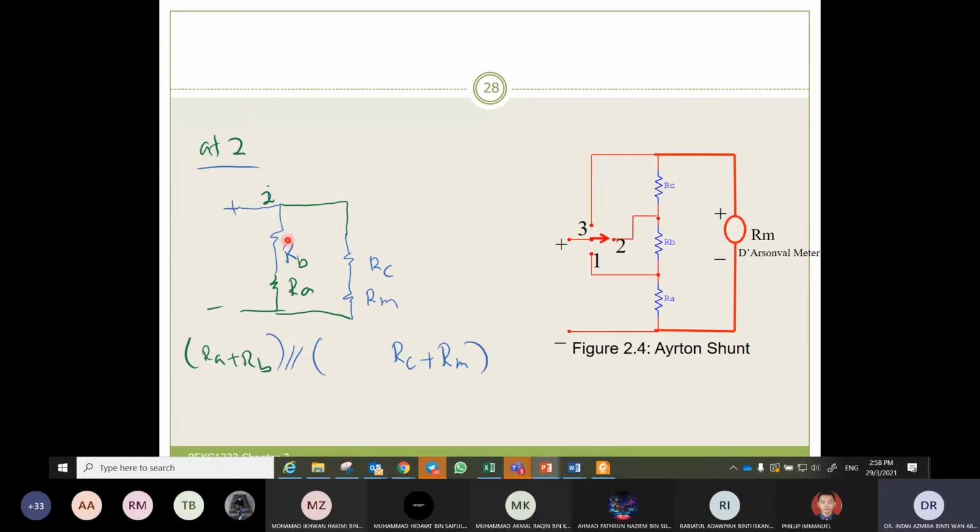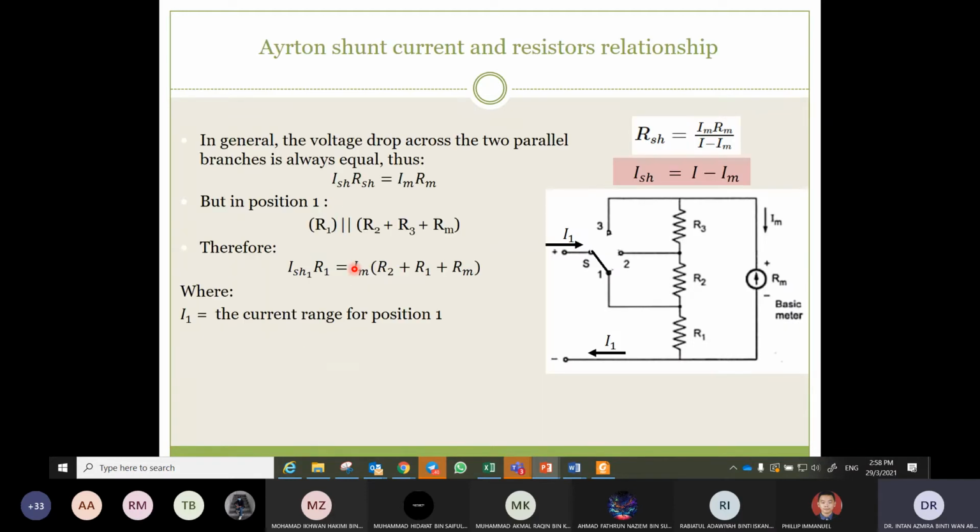The current that flows here is I shunt, so name it as I shunt 2. This is the large I. The total I is equal to I shunt 2 plus Im. Im is here. So here I is equal to I shunt 1 plus Im, and the same goes for I3. I3 is equal to I shunt 3 plus Im.